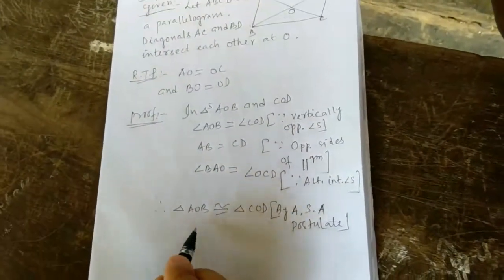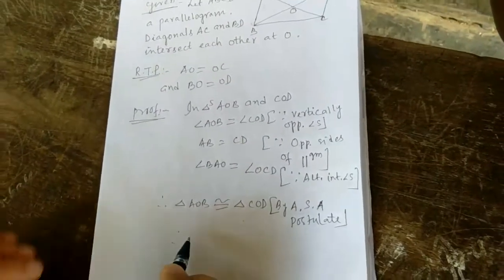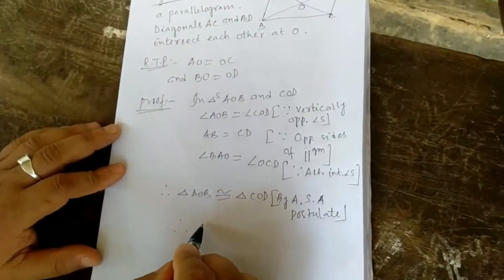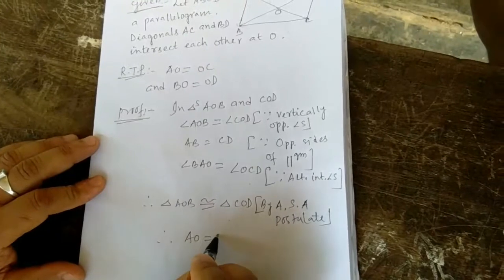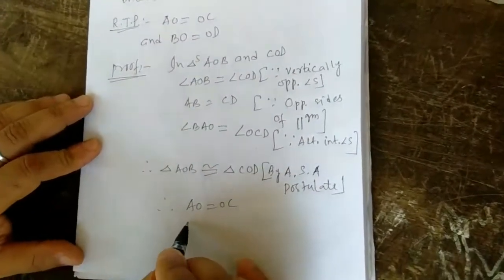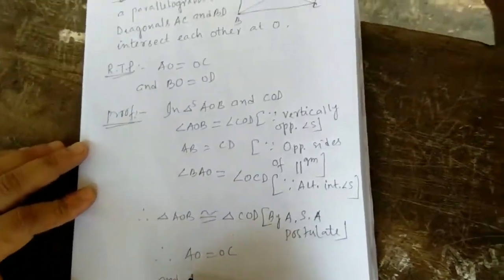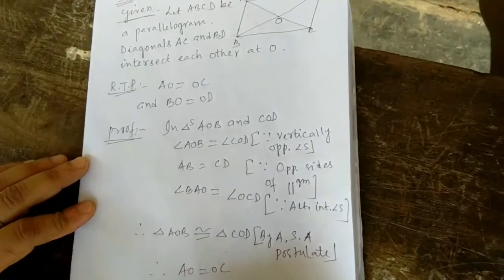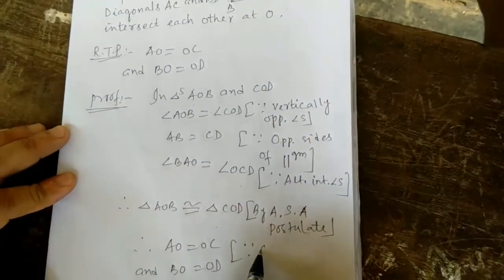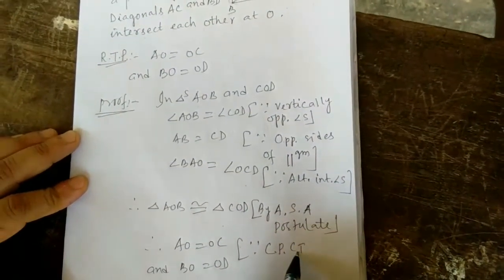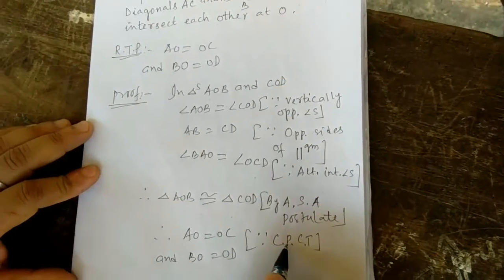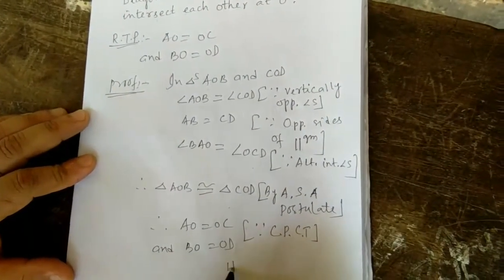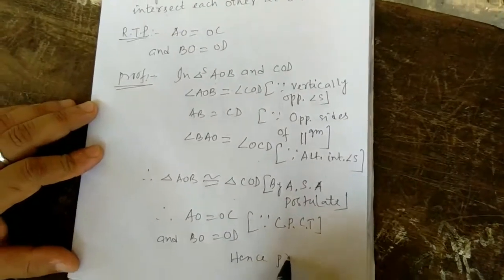If any two triangles are congruent, all their corresponding sides are equal. So directly you write, therefore AO equal to OC and BO equal to OD. Reason: since CPCT, corresponding parts of congruent triangles. Hence proved.